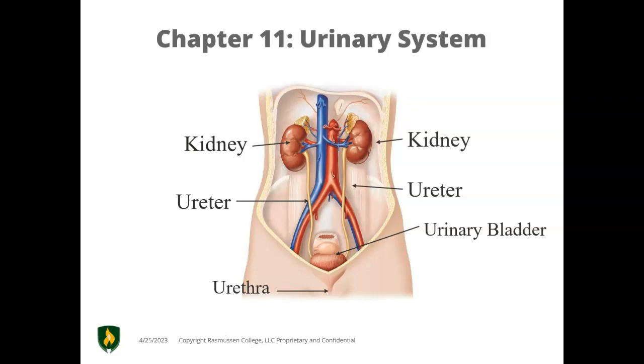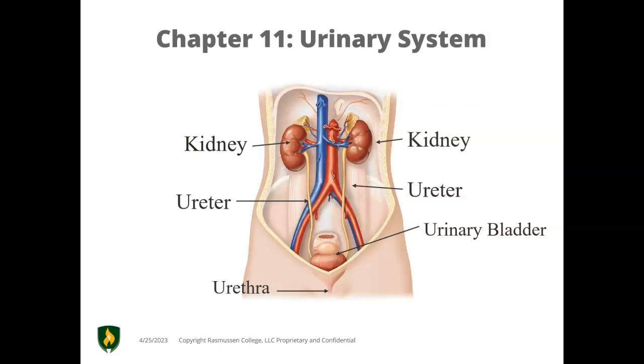The primary function of the urinary system is to regulate the extracellular fluid of the body, which is done through the formation of urine. The kidneys, however, carry out the major work of the urinary system. Urine passes out of the kidney through the ureters into the urinary bladder, and then it gets stored in the bladder until it's excreted from the body through that urethra.